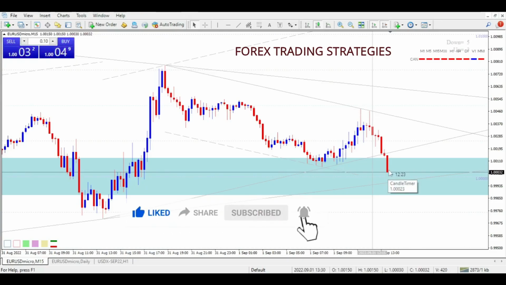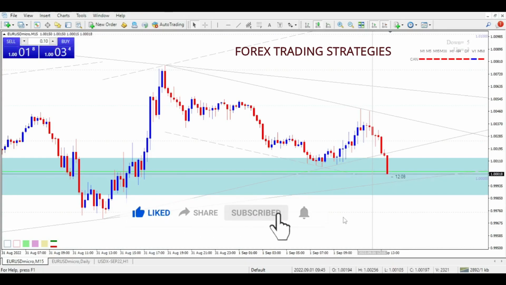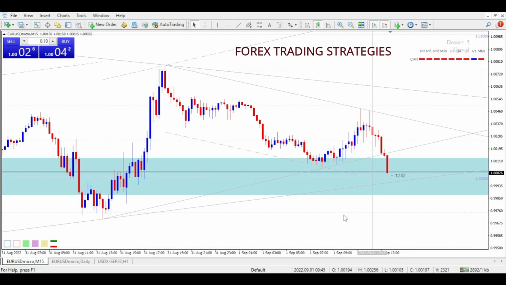Do you know what many people will do in this situation? They will jump in and sell. That's what people do in this situation. Let's just place a line there. They would sell. Sometimes it works, sometimes it doesn't. Most of the time it doesn't.